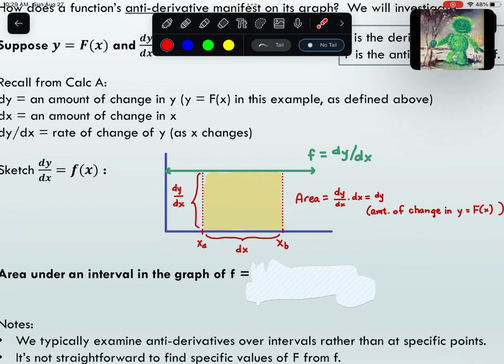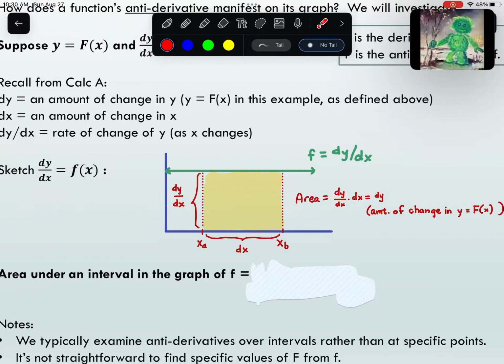The width of that rectangle is going to be equivalent to some amount of change in the x direction. However much x changes to take me from A to B, I could call that dx. Meanwhile, the height of this rectangle is constant, and it's always equal to whatever the actual value of dy/dx is. So I can label that height as dy/dx.